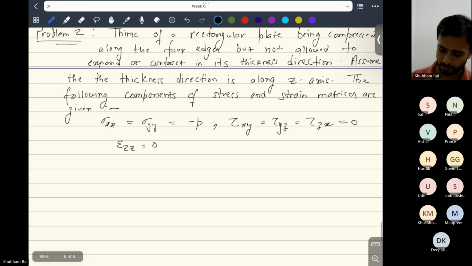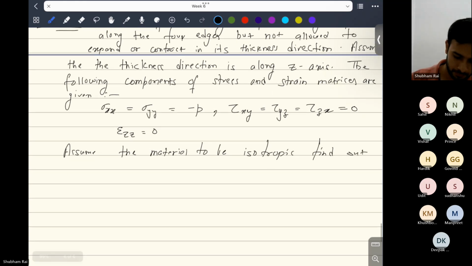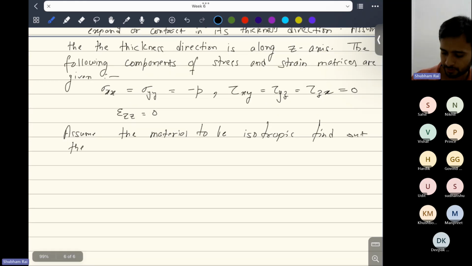So you have to assume the material to be isotropic and to find out the remaining components of the stress matrix.